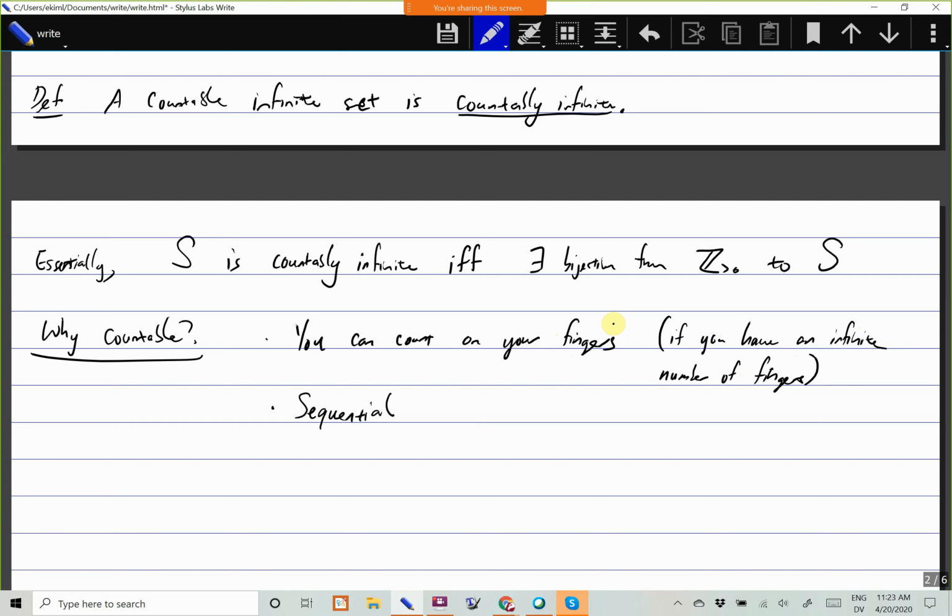If each person still has a hotel room based on a certain number, this sequencing idea is an informal version of the existence of a bijection from the set of positive integers to S. It's the idea that there's a first element of S and a second element of S. Of course, sets don't have order, there's not technically an order, but let's informally talk about the first element of S and the second element of S. But we're not going to talk about the 2.7th element of S. It's sticking to whole numbers: first element, second element, third element of S, and so on.